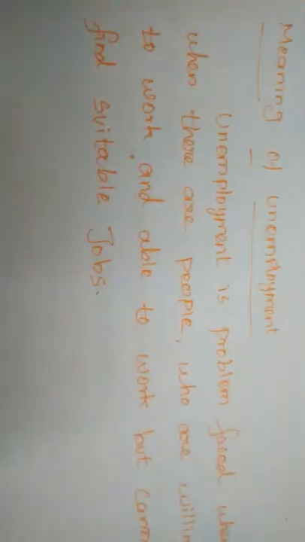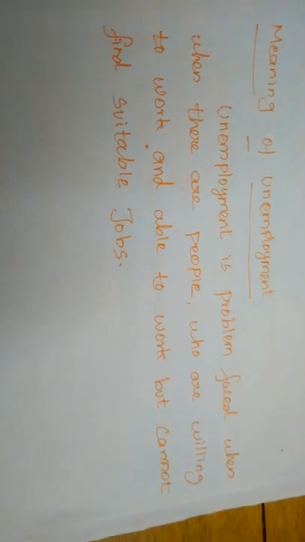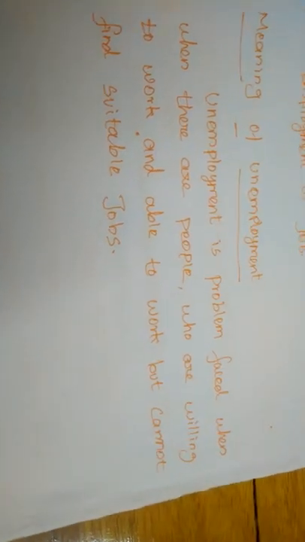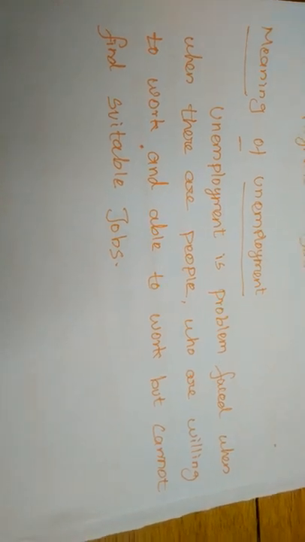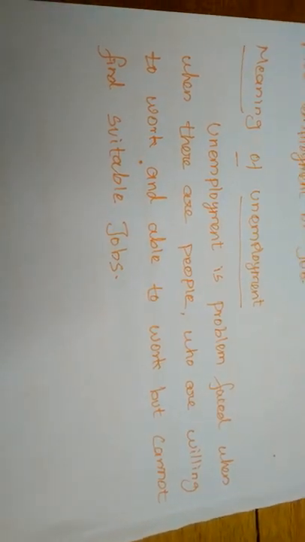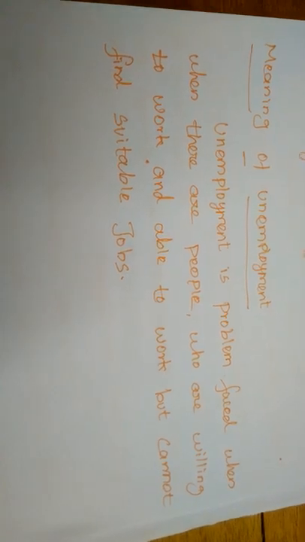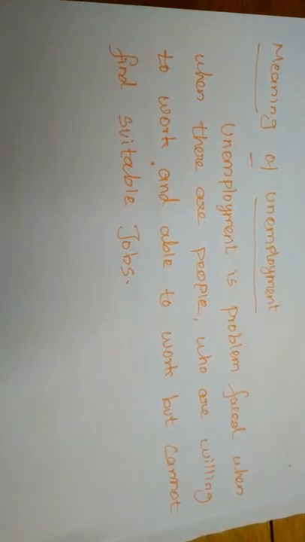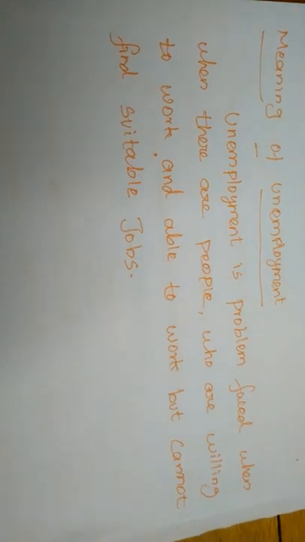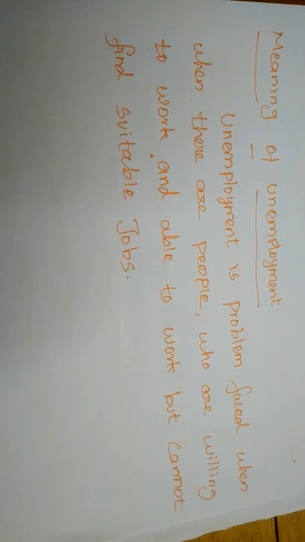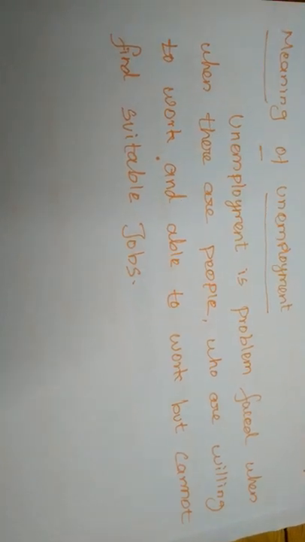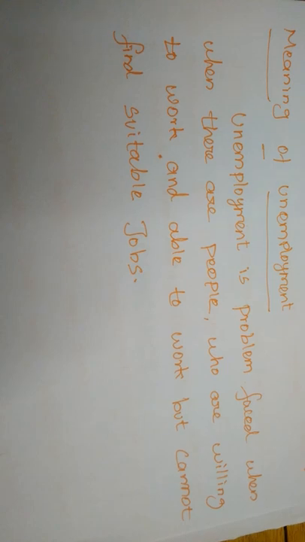Next, the meaning of unemployment. We have studied full employment. Full employment is a situation in which all people are willing and able to work, and if they have job opportunities or employment, that is called full employment. On the other hand, unemployment is a problem faced when there are people who are willing to work and able to work but cannot find suitable jobs.